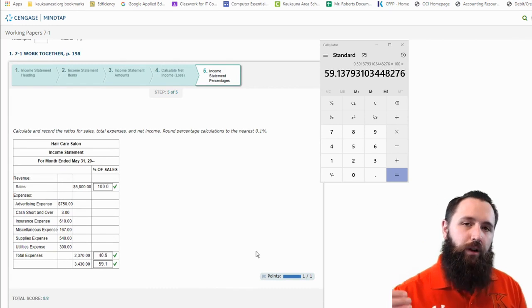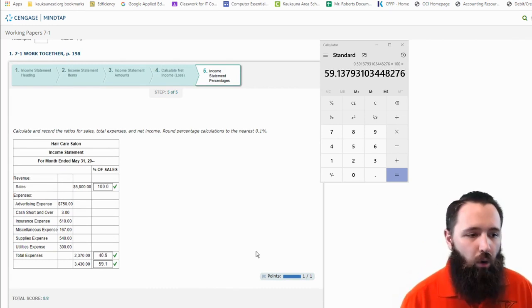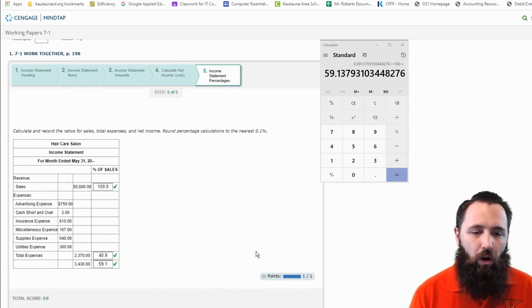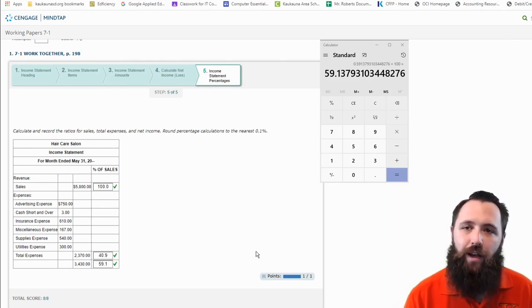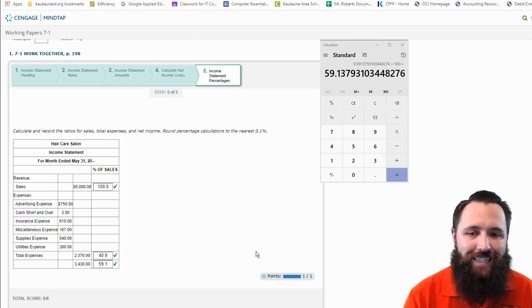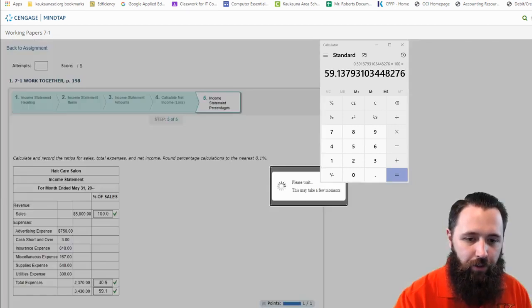So we've used the trial balance, and we've recorded all of our revenues and our expenses. We've totaled that up. We've calculated out if we have a net income or a net loss, and then we've done a vertical analysis after that.